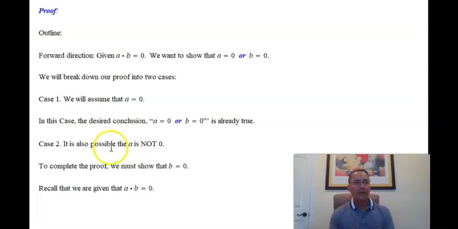Okay, in case 2, we are now assuming that A is not 0. Now, I know that it was like 25 minutes ago or so, but when we saw the field axioms for the real numbers, wasn't there a special axiom that applies only if a number is not 0?